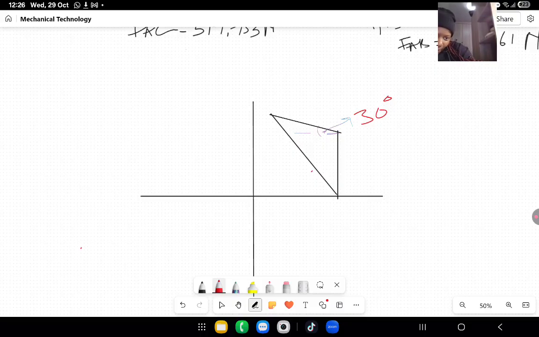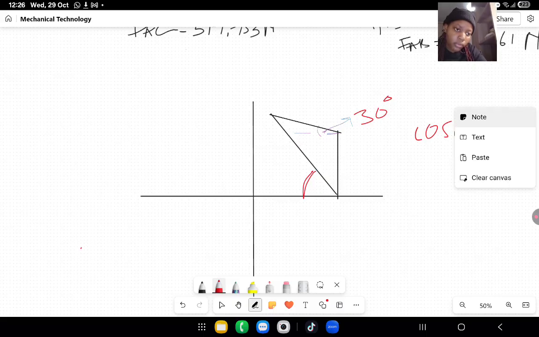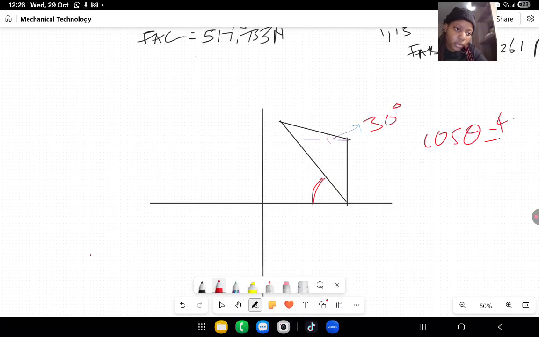Then our angle here will be determined by that. We said you can use sine, tan, or cos. So we'll be using cos because we know that cos theta equals 4 over 5. So theta equals cos arc. Oh, sorry.